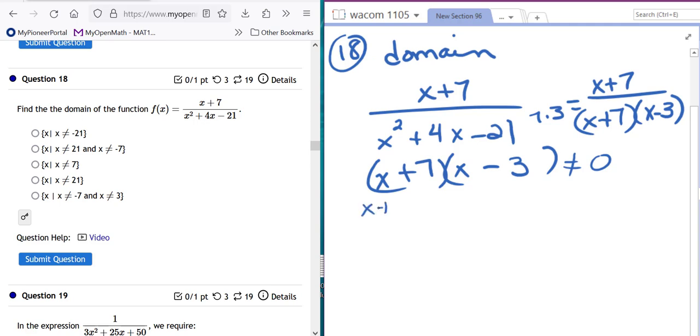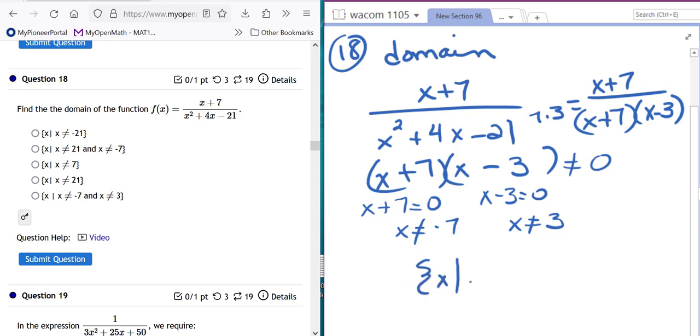So x plus 7 equals 0. It would be negative 7. So x cannot be negative 7. This one, x minus 3 equals 0. So we'll add the 3. So x cannot be 3. And they put it in solution set notation for you. The set of all x such that x is not equal to negative 7 and 3.